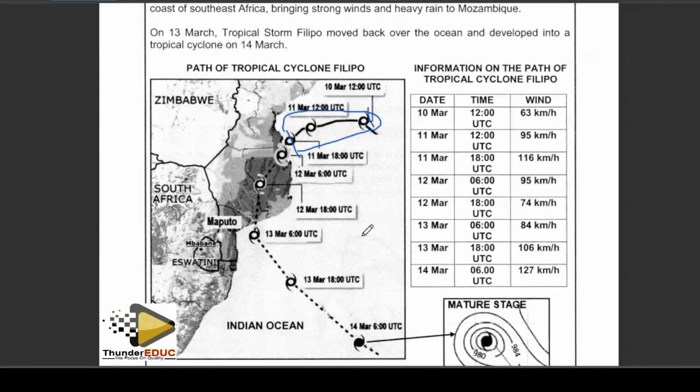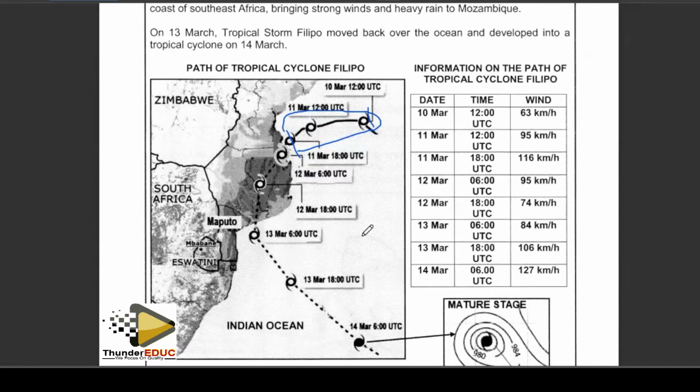Give evidence from the map and the table. Evidence from the map that the tropical cyclone strengthened. What can we use there to substantiate that the tropical cyclone was strengthening? Basically, we are seeing that the tropical cyclone is moving over the warm ocean.